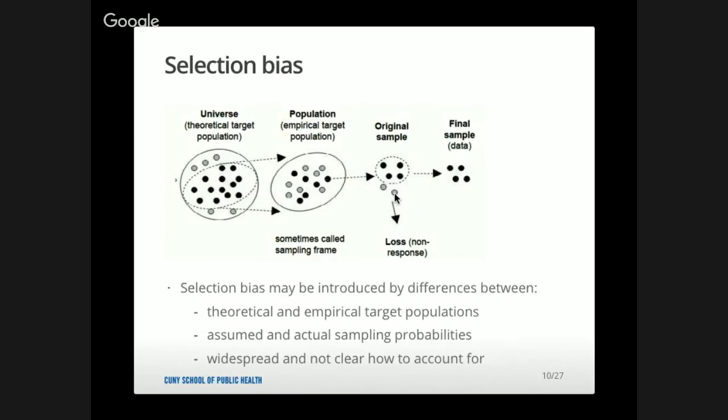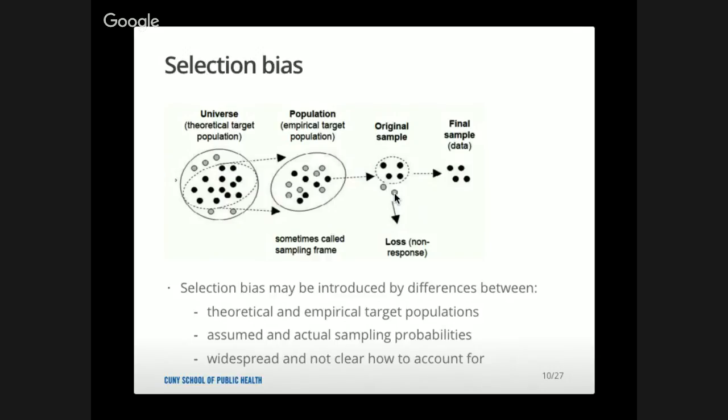But also those who respond can bring a selection bias, no? Yeah, and I mean it's two sides of the same coin, in that if there is a pattern to those who did not respond, it implies that there is a pattern to those who did respond.